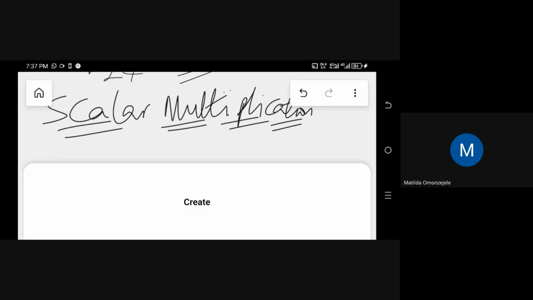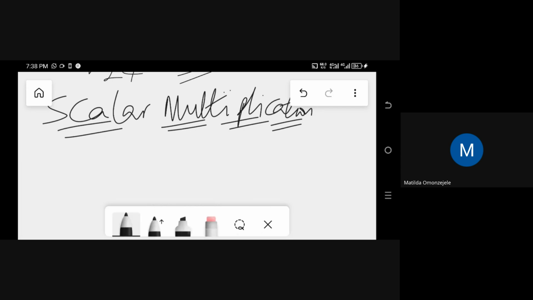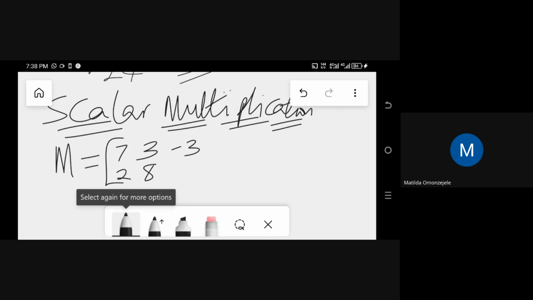Let us say that we have matrix M, for instance. Matrix M is the matrix 7, 3, minus 3, 2, let's say 8, and then 0. So let's say we have this matrix M to be this.